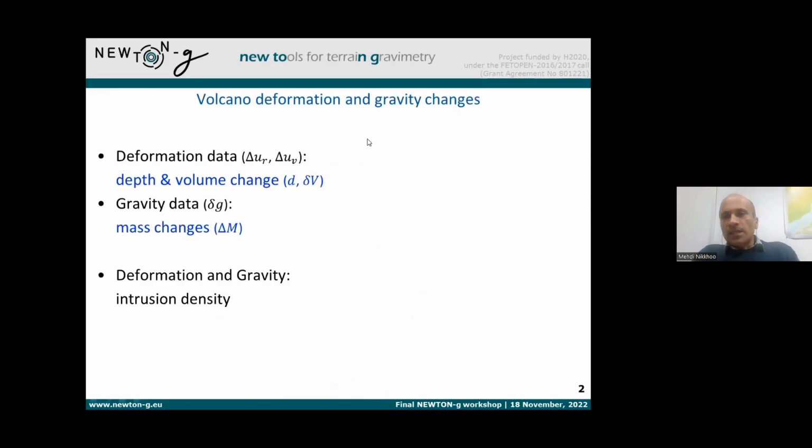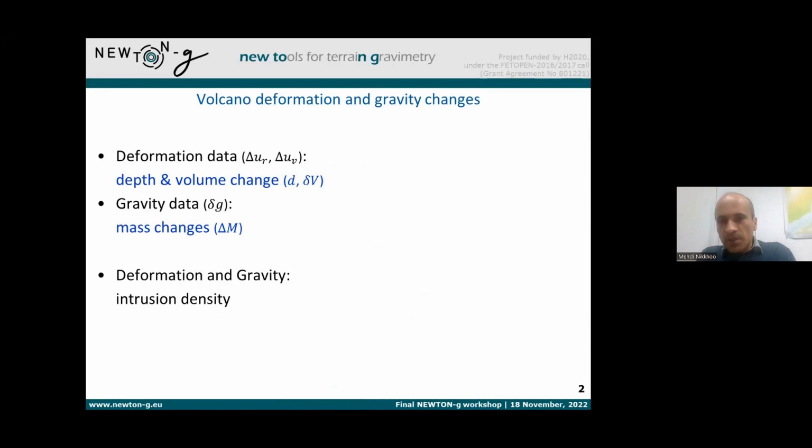As you could see in the previous presentation, we can use gravimeters to constrain the location and the mass change of sources of mass change, like new magmatic inflation, magmatic intrusions.